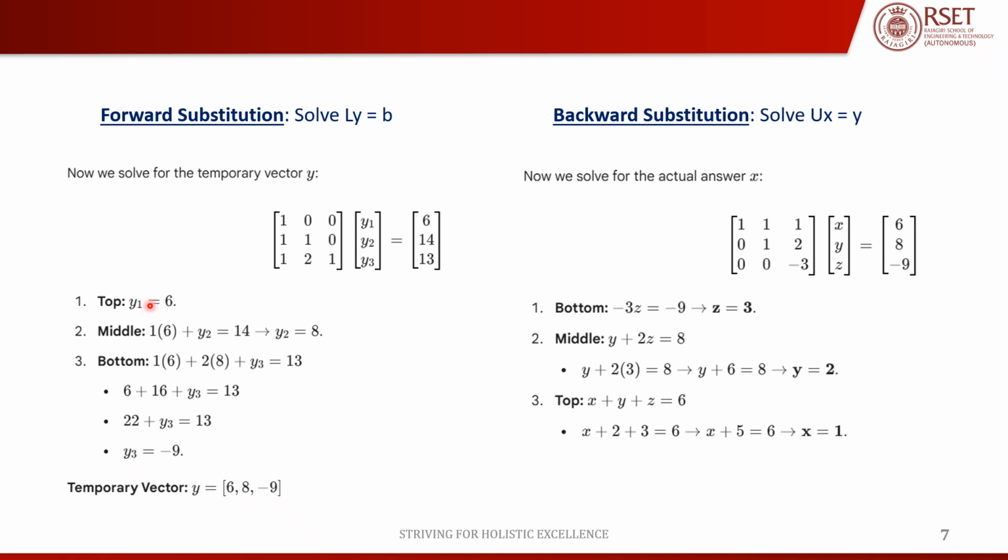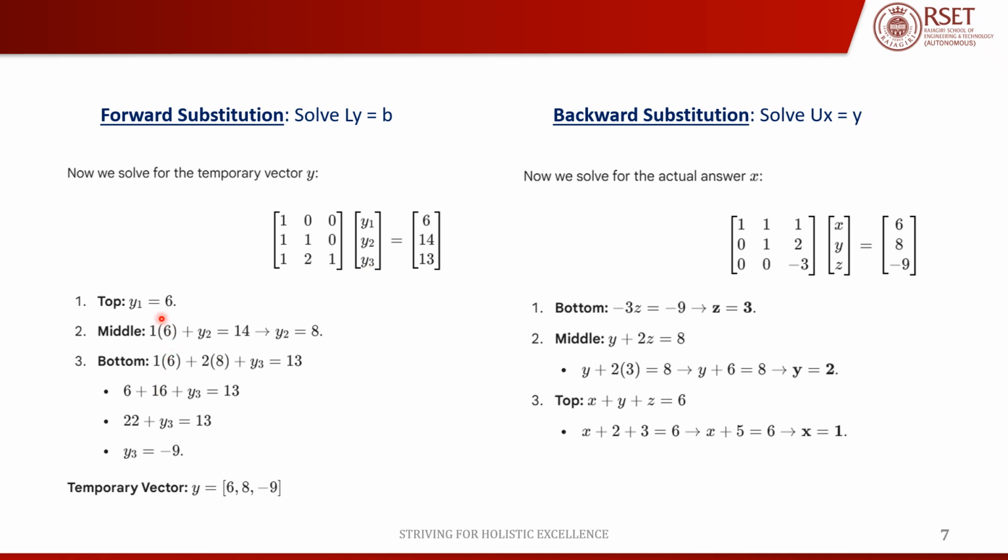Here you can multiply this, as you know how to multiply two matrices. So it will be y1, and the second row will be y1 plus y2, and the third one will be y1 plus 2y2 plus y3. So you will get y1 equal to 6.